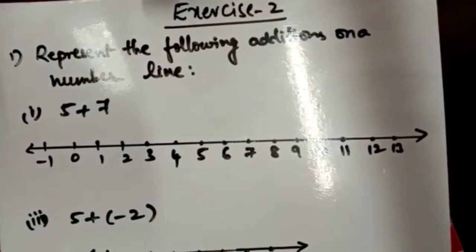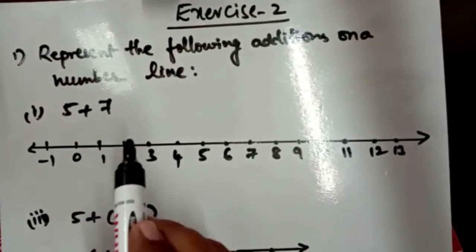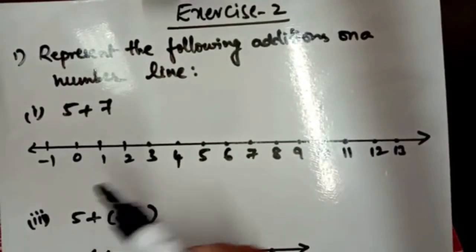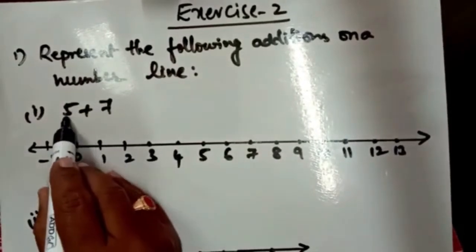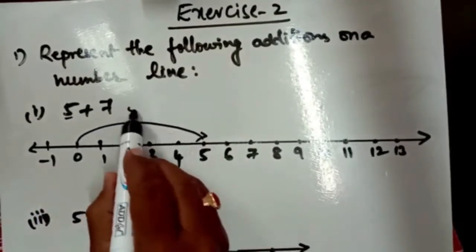Yesterday in the last video we discussed the rules for adding integers on the number line. So here we are adding a positive number to the integer, so we need to move to the right side of the number line. First of all, we need to indicate the number 5, so you should show the direction 0 to 5.